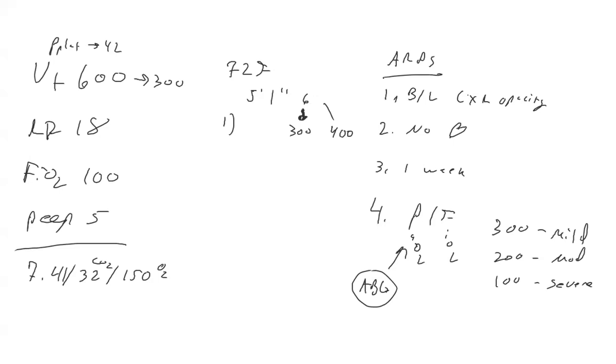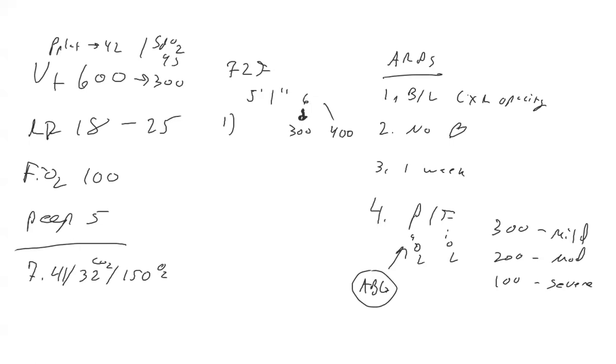All right, you want to go to 16. All right, and to what? What do you want? 25. So much for even numbers. All right, and so the plateau is 42, and the SpO2 is 95.